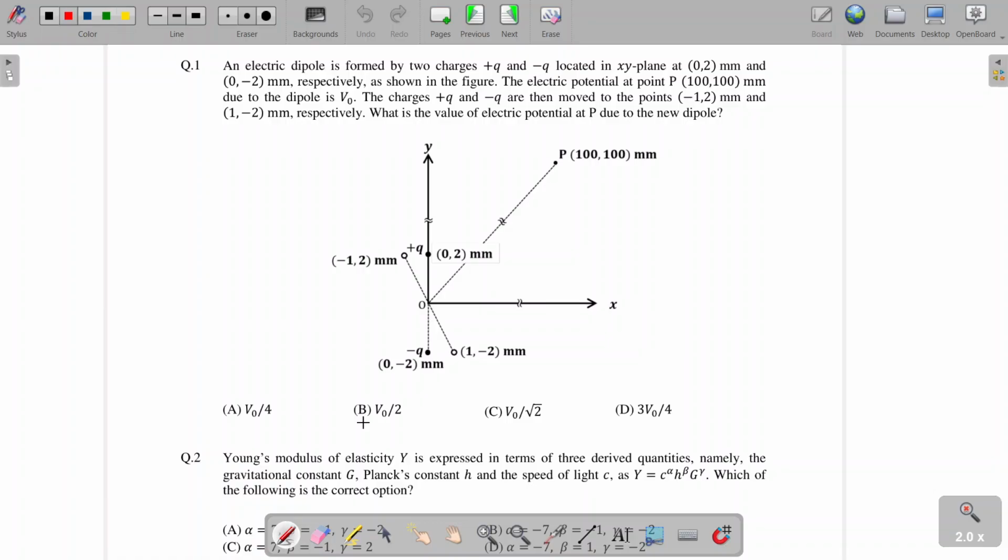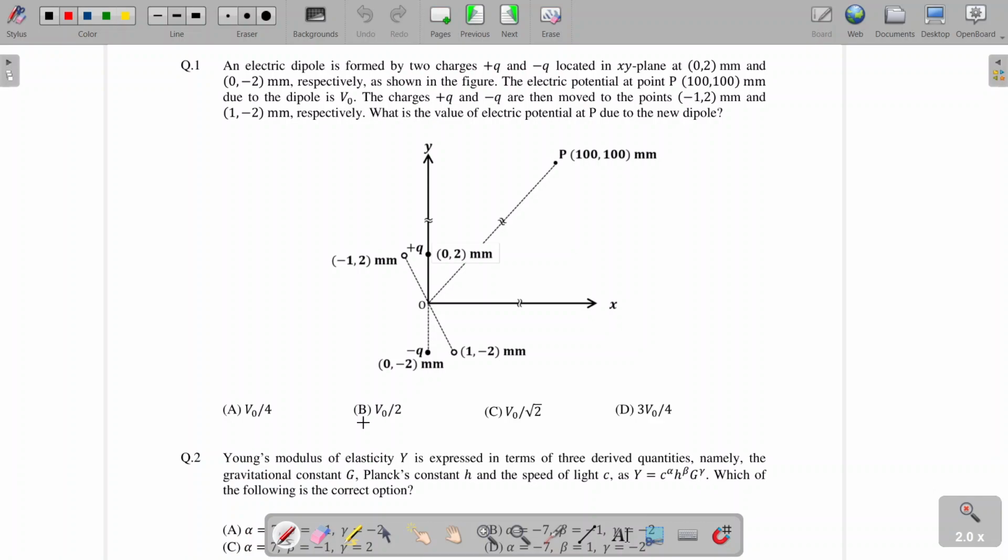One charge is placed at 2 mm from the origin, the other is at minus 2 mm, and we are given the potential due to this configuration at a point P, roughly 100 square root 2 mm away from the dipole.